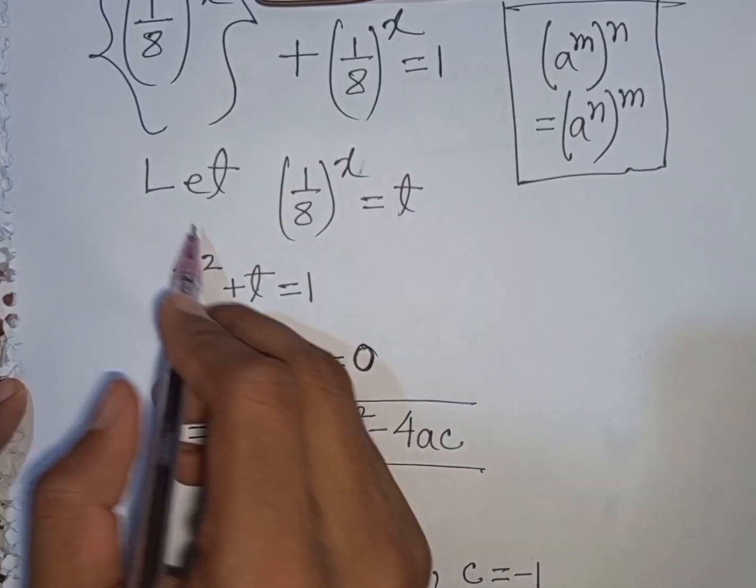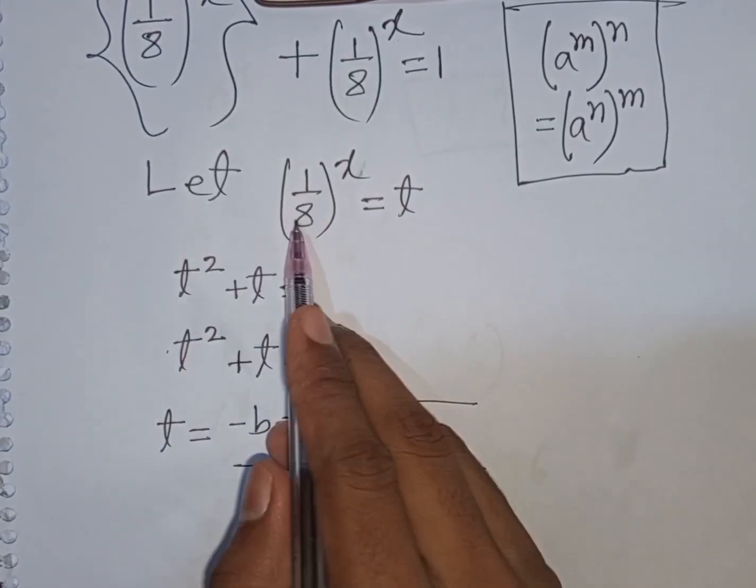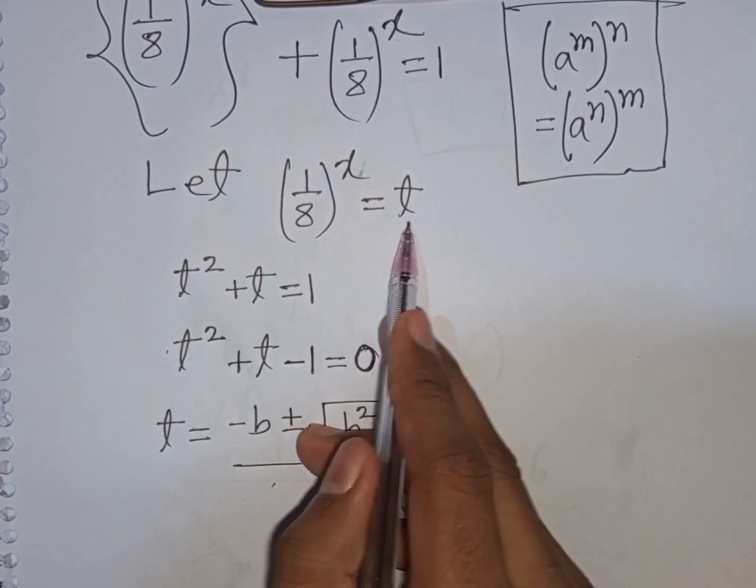Now, remember that we let 1 over 8 bracket power x be substituted by t.